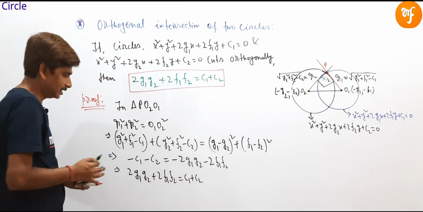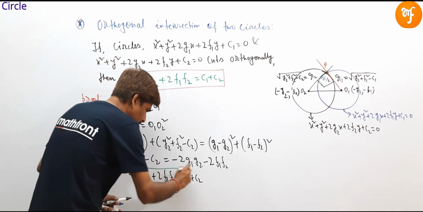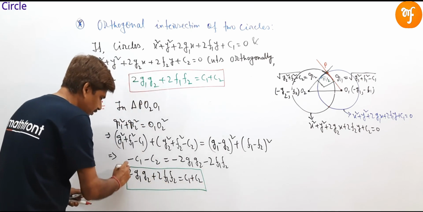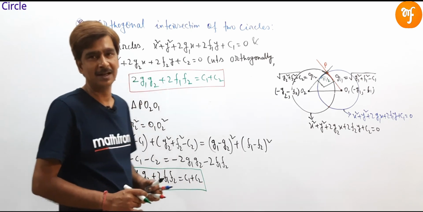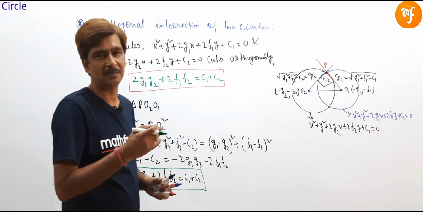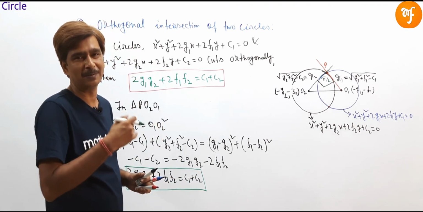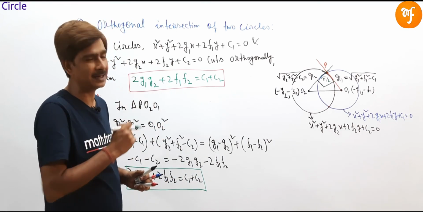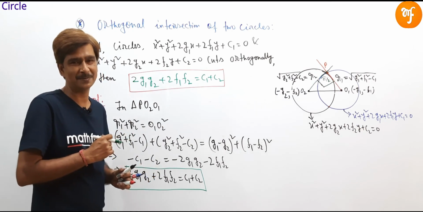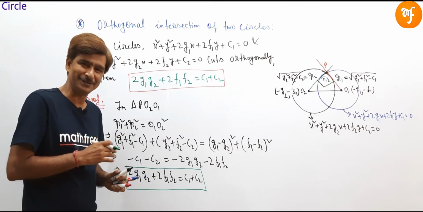Okay, so this is the condition which we proved for orthogonal intersection of two circles x square plus y square plus 2g1x plus 2f1y plus c1 is equal to 0, and another circle x square plus y square plus 2g2x plus 2f2y plus c2 is equal to 0. Clear?